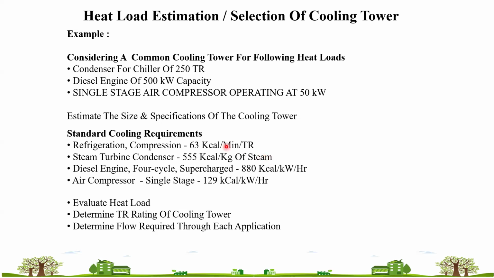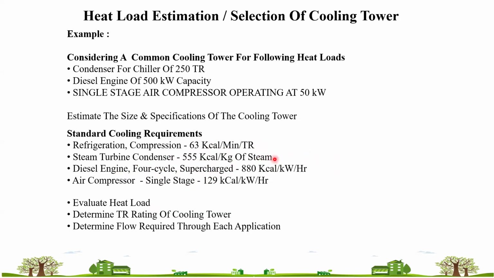So that's one standard. Then for a steam turbine condenser you will have 555 kcal per kg of steam. If you are producing 10 ton of steam, you need that 555 kcal per kg of steam. Then diesel engines: previously there were diesel engines provided with cooling towers. Nowadays they are normally air cooled due to compact size.